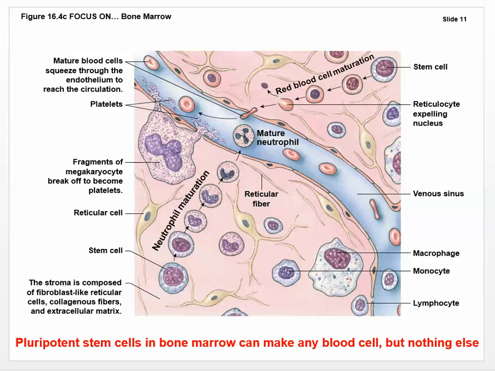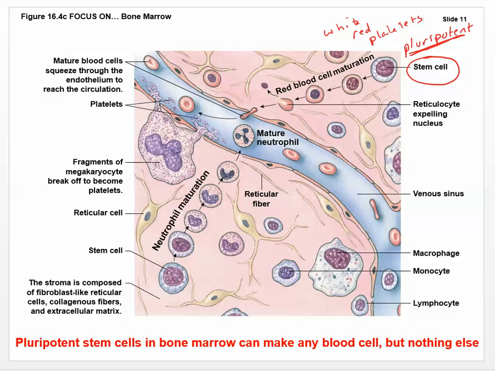So to get a better picture, so we can kind of see what's going on, we start out with a stem cell, and most books call this a pluripotent stem cell, as opposed to a totipotent or something like that. Pluripotent stem cells, and pay attention to this, they can become white blood cells, red blood cells, or platelets, and that's it.